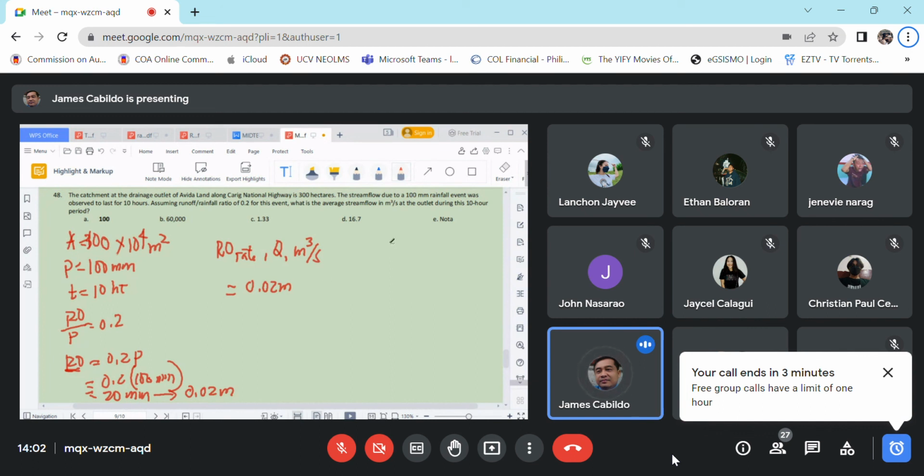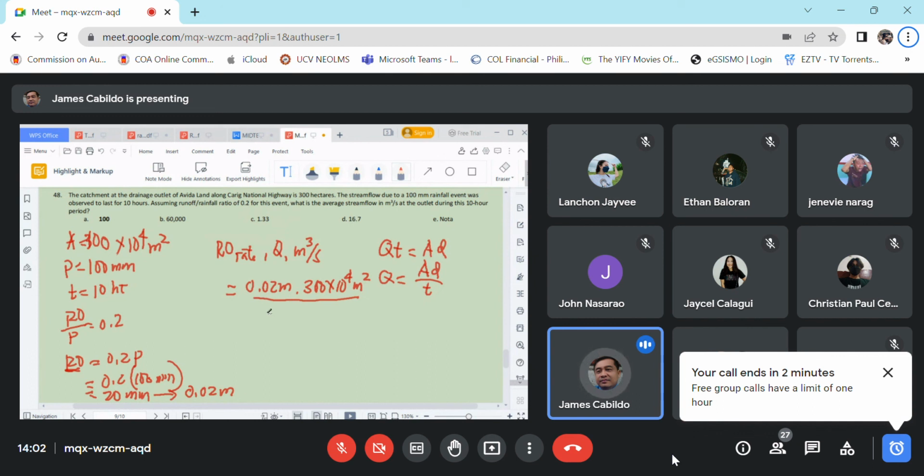Okay. So, ito yung formula natin. QT equals AD. Yan yung formula natin. So, ang kinukuha natin ay Q. Q is equal to AD over T. So, we have to multiply this depth by the area, which is 300 times 10 to the 4th square meters, and then divided by the time.